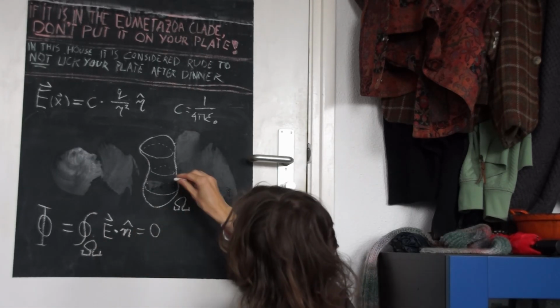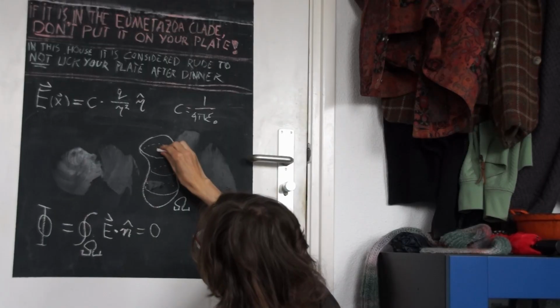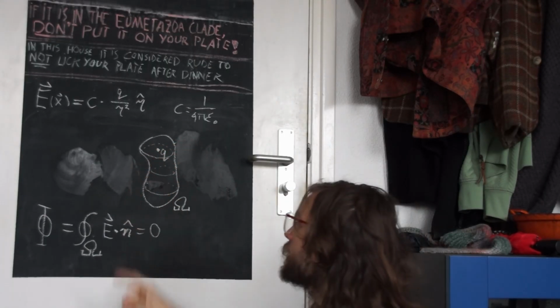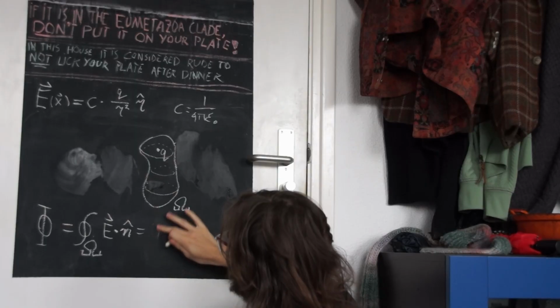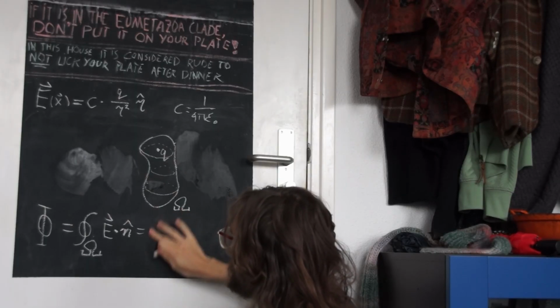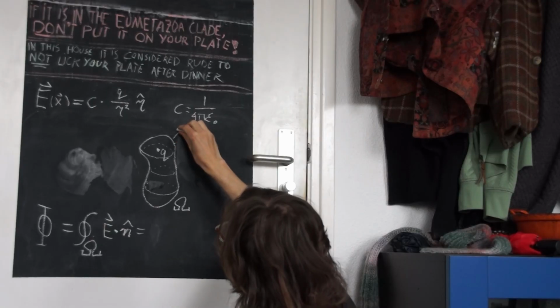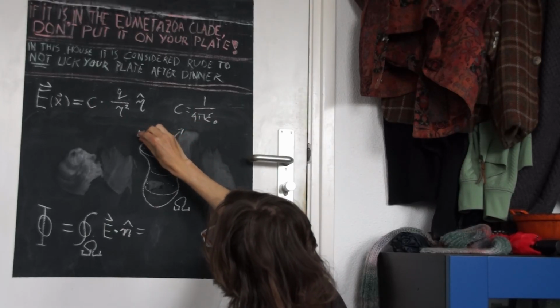However, if we would have put our source charge, our little q here, inside of our bubble, then this would not be 0, because all the arrows would be pointing straight out.